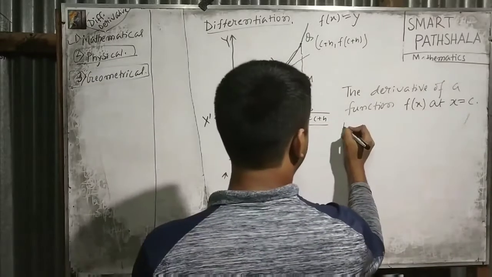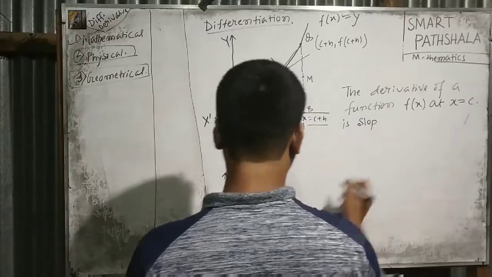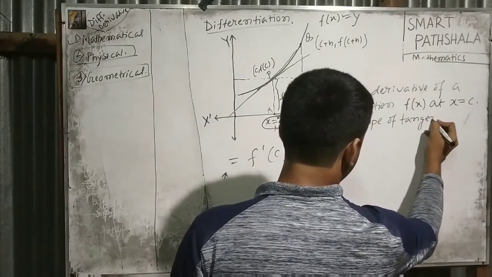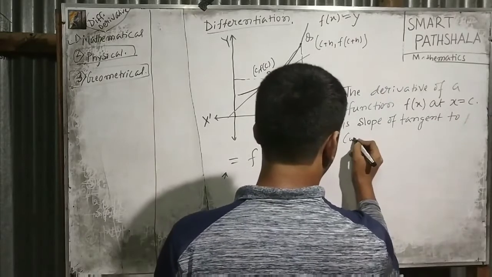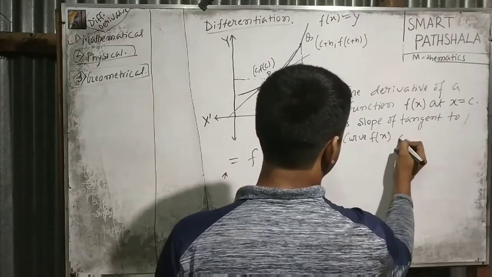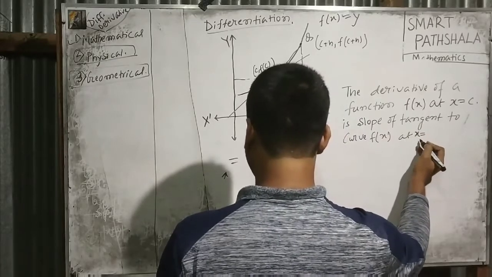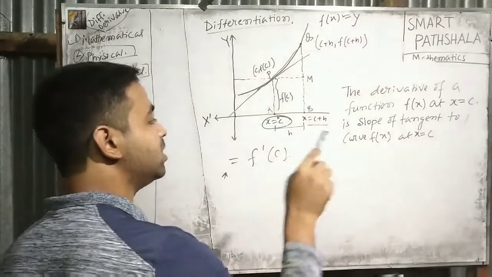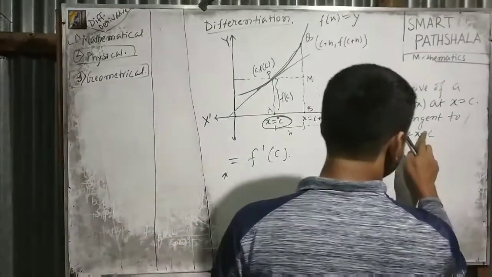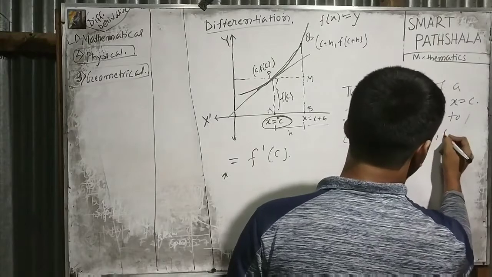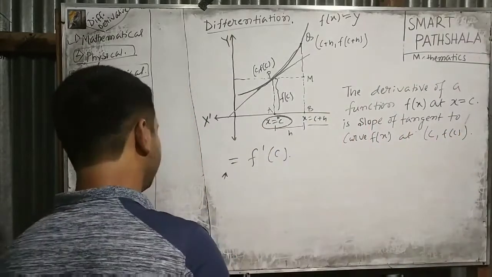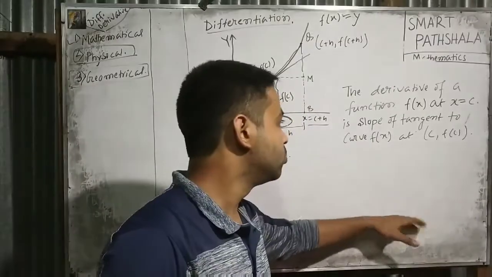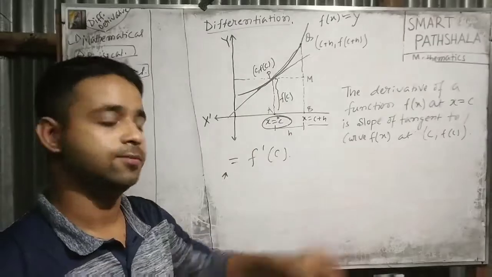At x equal to c is the slope of the tangent to the curve f of x at x equal to c. Now, you need to mention the point, not just x equal to c, you need to mention at x equal to c and f of c. This is the point. Okay? So correct the previous definition which I have written here, that it will be at a certain point c and f of c.